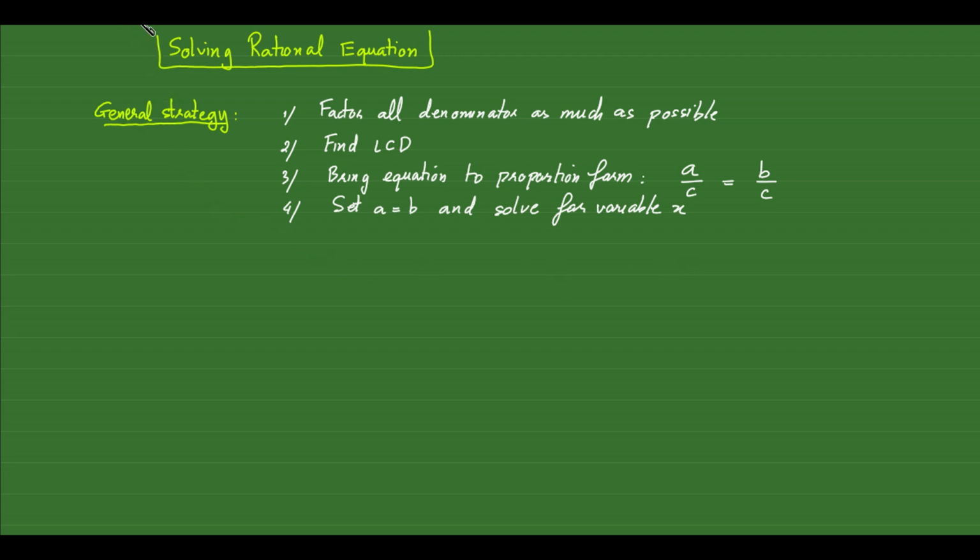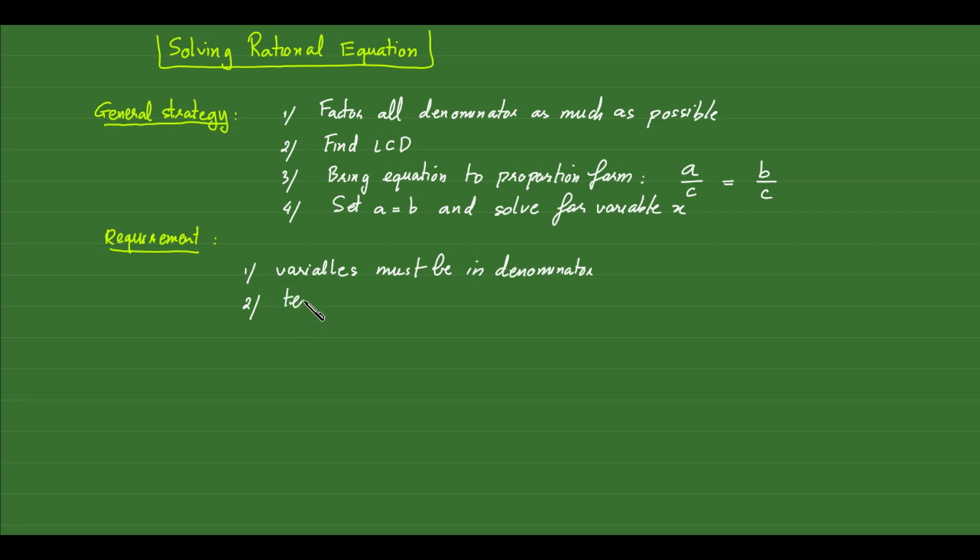And the second thing before we jump to our first example is that there are requirements for an equation to be a rational equation. First of all, the variable must be in the denominator. Okay, it must be in the denominator part. The second condition is that, of course, the terms must be in rational form.